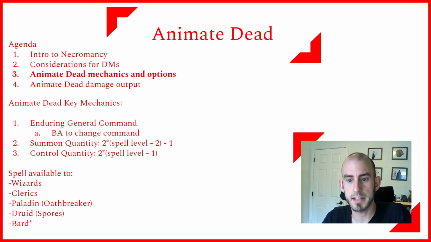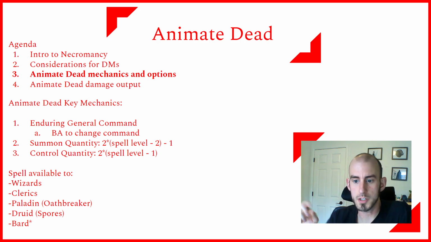That's one of the important key things here: you shouldn't have to do anything on your turn if you've given the right general command. Now, it is a bonus action to change the command, so it's not really that big of a deal if you wanted to order a subgroup of your skeletons to focus on a different target or something like that. That shouldn't be a problem.